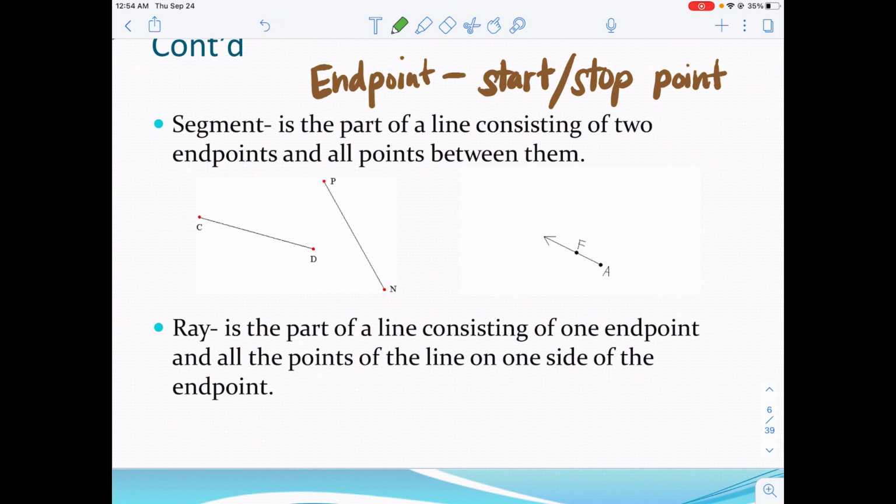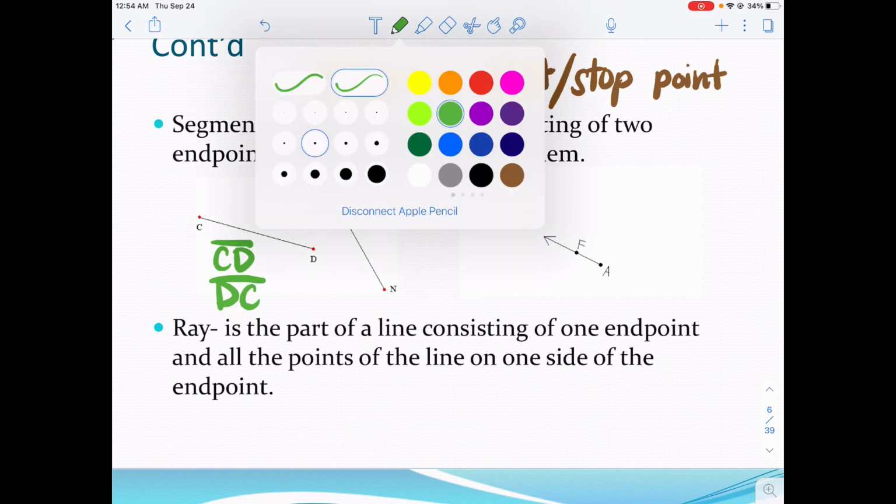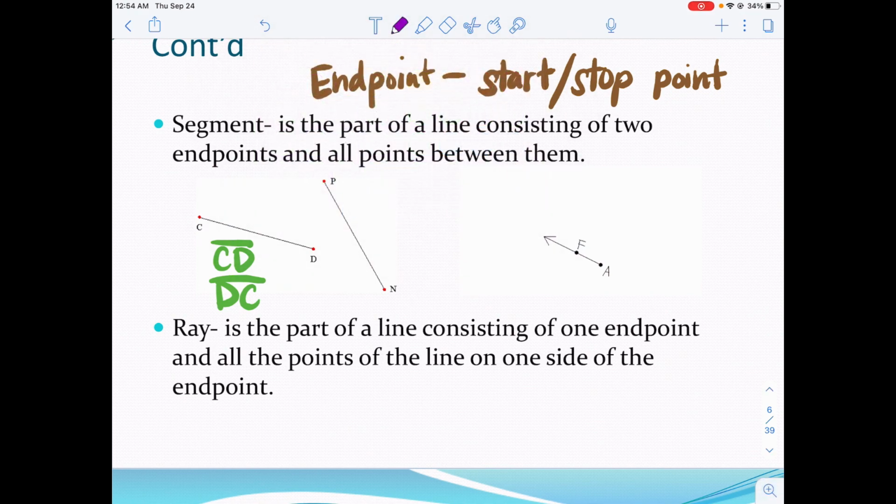Our first one, on the left side, we're going to name as segment CD. And the symbol that we use on top does not have arrows, it's a single line on top of it. Or we can name it as segment DC. The second one that we have here, we can name as segment PN or segment NP.